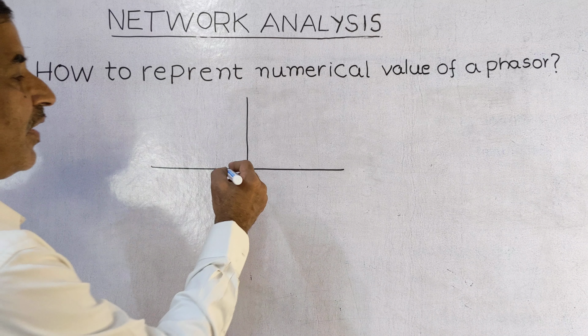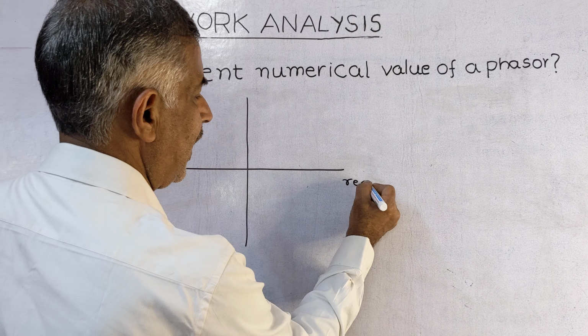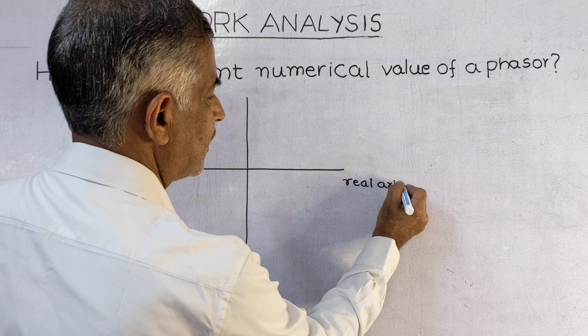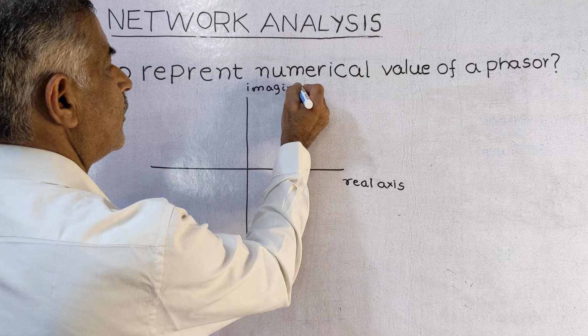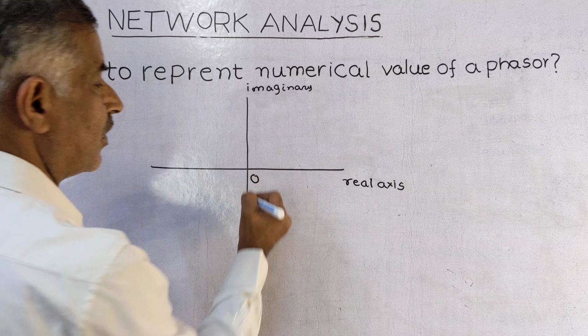In this case, the horizontal axis is called the real axis, and the vertical axis is called the imaginary axis. This is the origin.